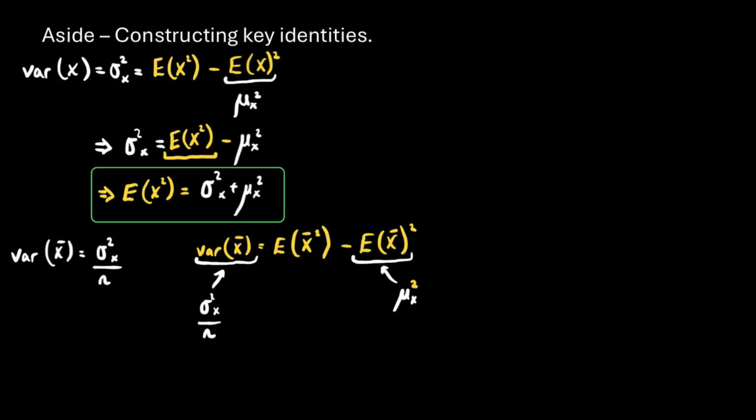So we can rewrite this expression to give us that the expected value of x bar squared is equal to sigma squared x over n plus mu x squared. We will use these identities again later in this proof.